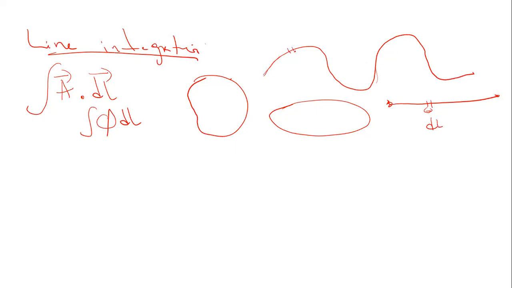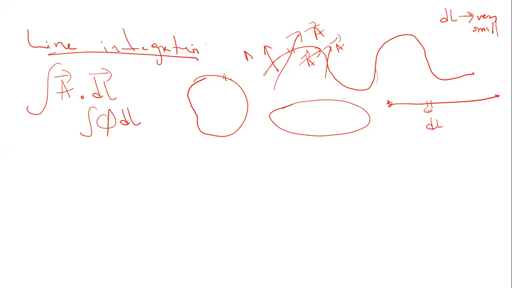This is your infinitesimally small segment of the curve where you're going to perform the integration. And the reason why we are considering this DL line element to be very small is that when you're going to perform a vector field integration here, the vector field A vector can have different magnitude and different orientation at different places.